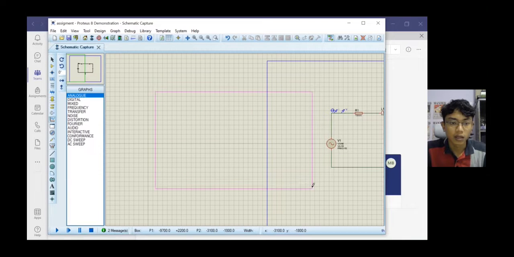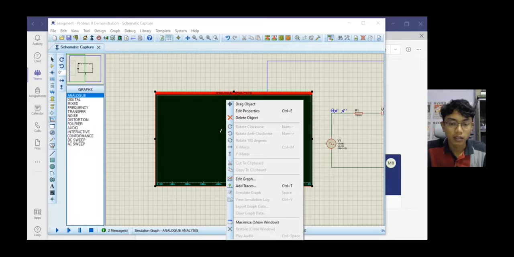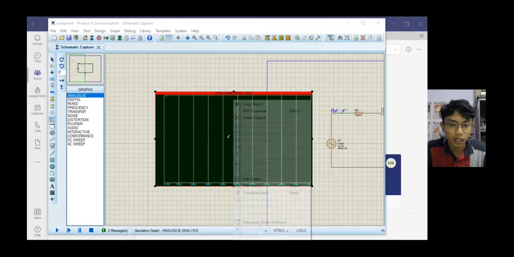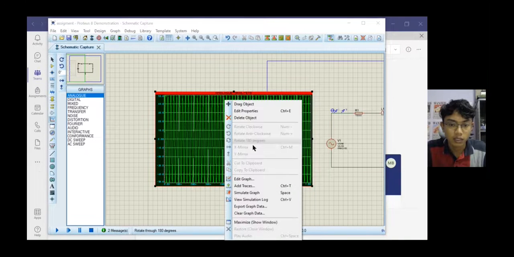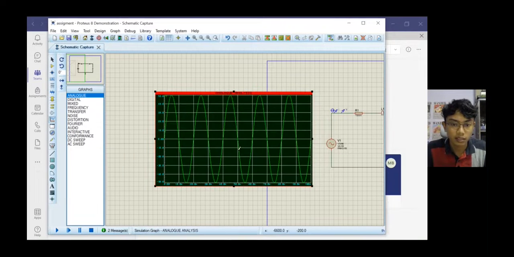Okay, place the analog, and then right click in the black box. So add trace and go to probe 1, go to V, press OK, then simulate graph. After we get this, we just set it at the edit graph. So change to 0.1. So yes, then we get this waveform.